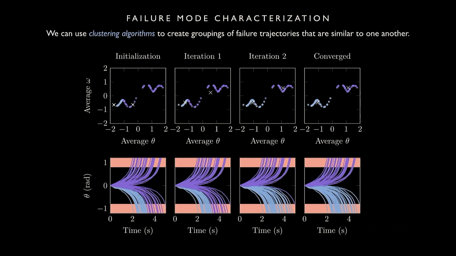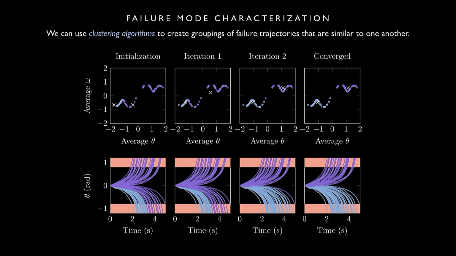So I'm not going to go super in detail on clustering algorithms, but a very common one is called k-means, which iteratively finds two nice distinct clusters, or however many distinct clusters you want to try to find, of your data. So here we're doing that on the pendulum, and you can see over time we eventually converge upon these two different clusters.